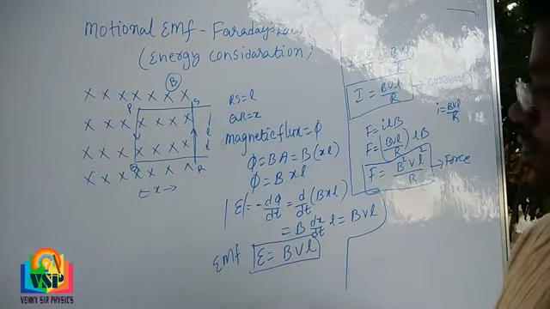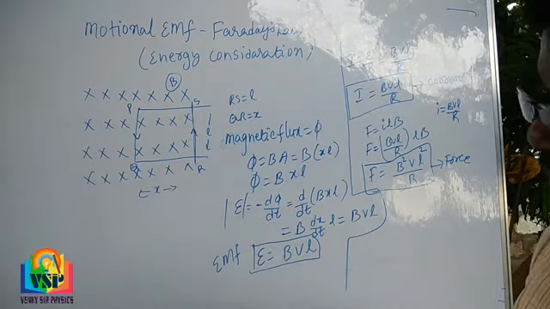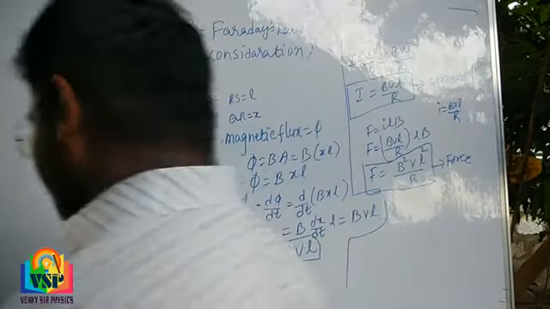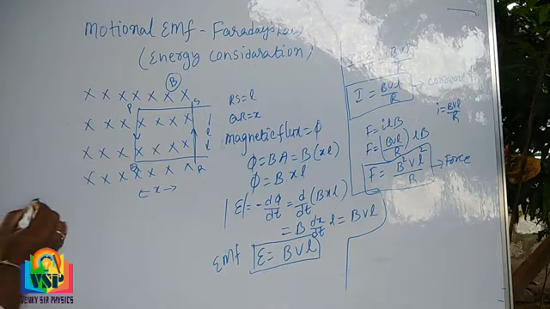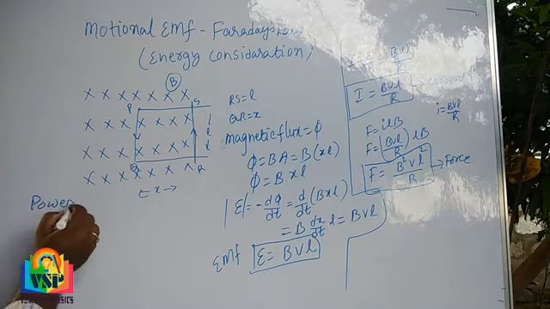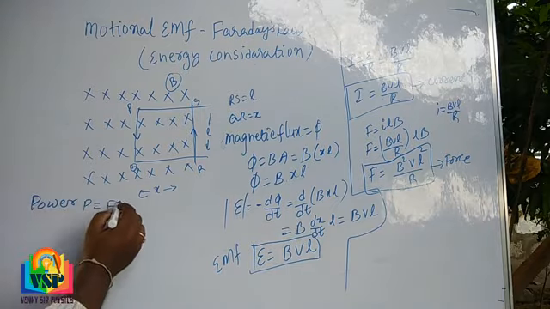How can we find power? Power P is equal to force into velocity.